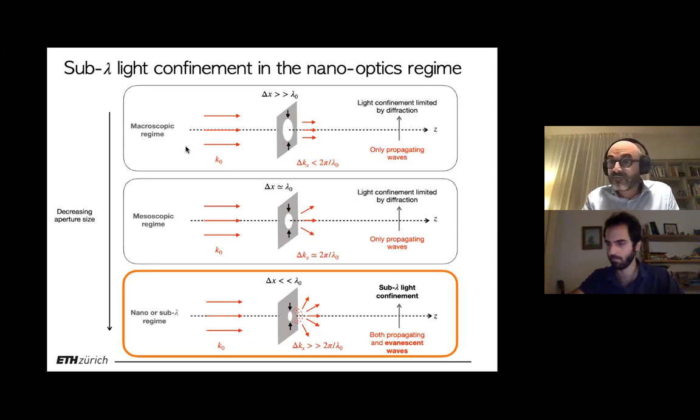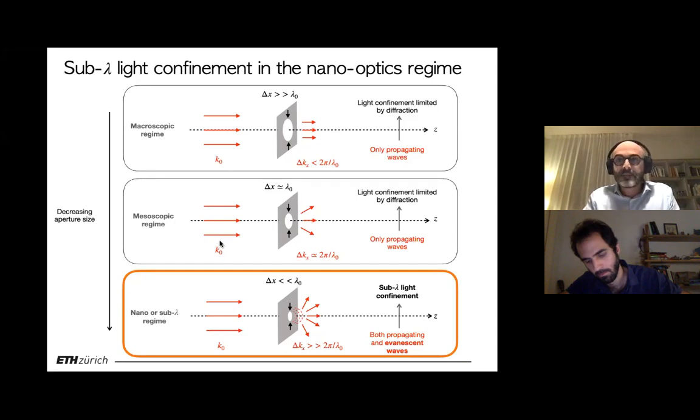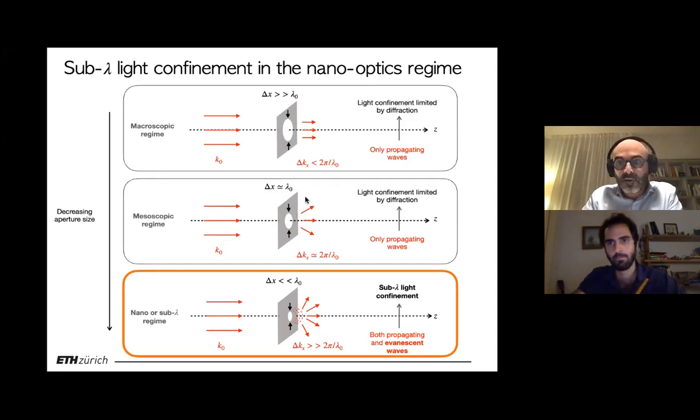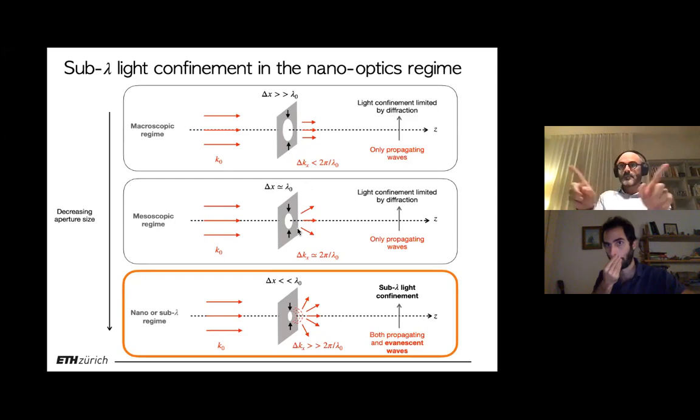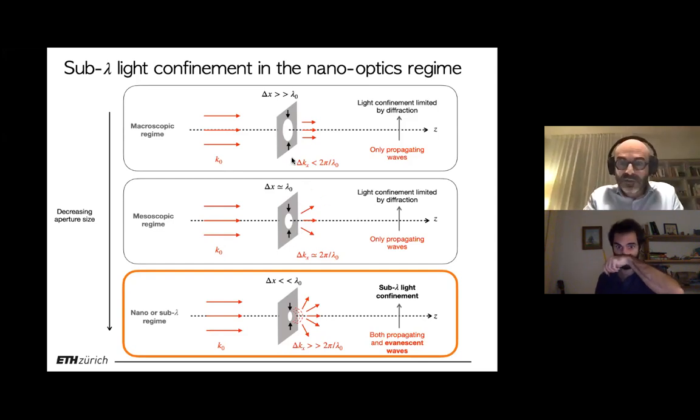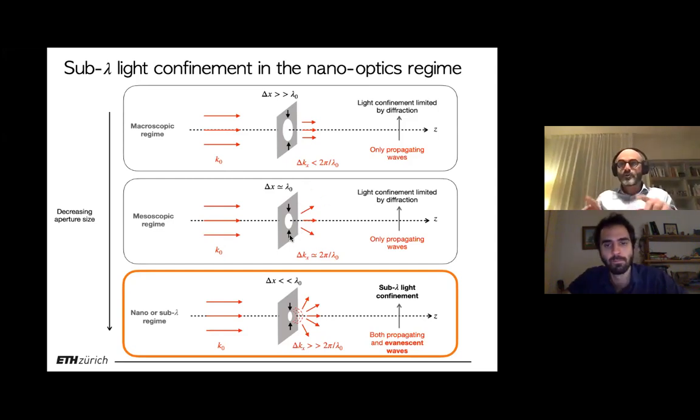If I use some very simple Fourier consideration, what will happen if I decrease the size of the aperture while maintaining the wavelength of the incident light? On the other side of the screen, the range of k vectors of the scattered light will increase. By decreasing the size of the aperture more and more, this range of k vectors will become wider and wider.